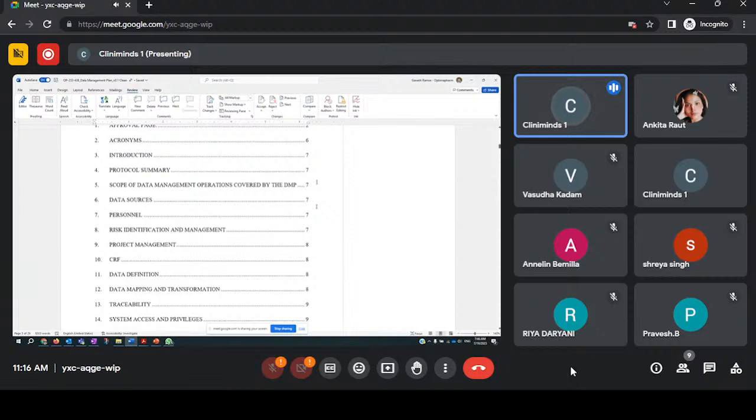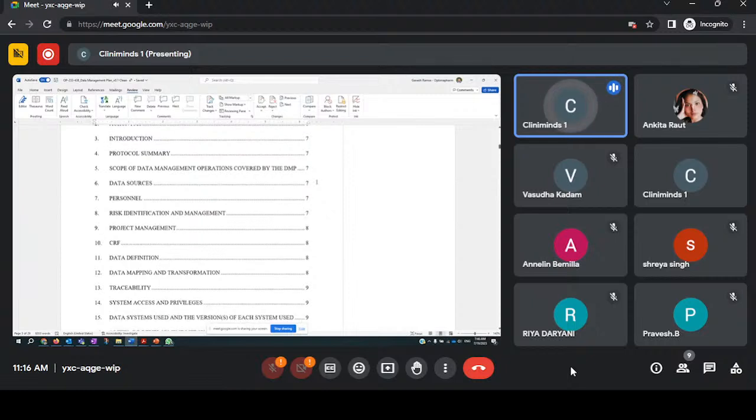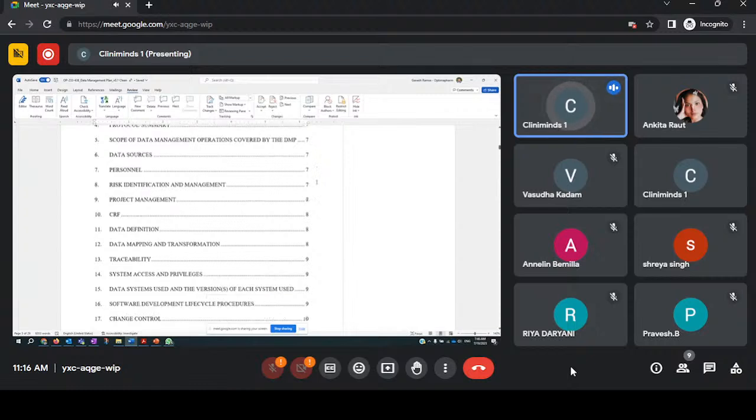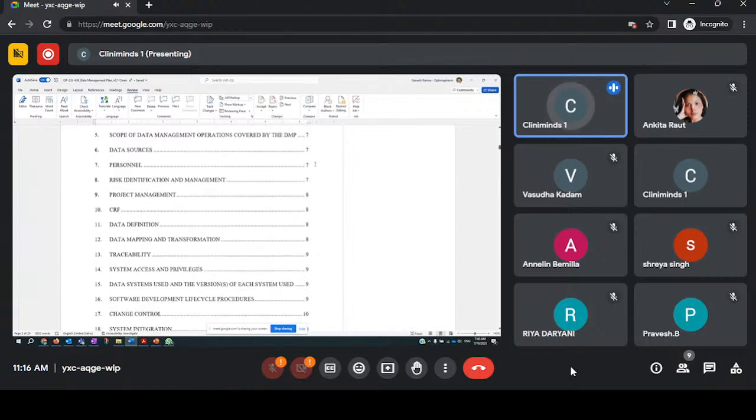Then I already talked about scope, then data sources, from where the data has been generated, personnel like roles and responsibilities, and you have risk identification. This is very important, okay? How you are going to identify the risk and how you are going to manage it. An example: while performing protocol review, you realize that this is a transplantation project, wherein you may expect a lot of serious adverse events, right?